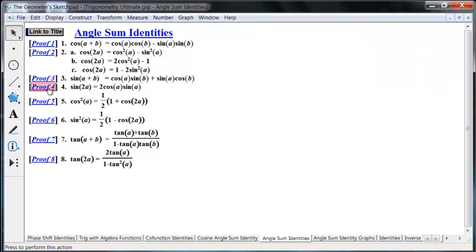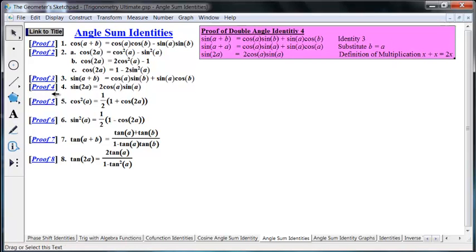So now we have an angle sum identity for cosine of a sum. We have an angle identity for sine of a sum. We took the cosine of A plus B, replaced B by A, and got double angle identities. Well, in a similar way, we're going to get this identity for sine of 2A. This is a short proof here. We start with our previous property number 3, sine of A plus B equals cosine A sine B plus sine A cosine B, and we just substitute B equals A. So all the B's become A's.